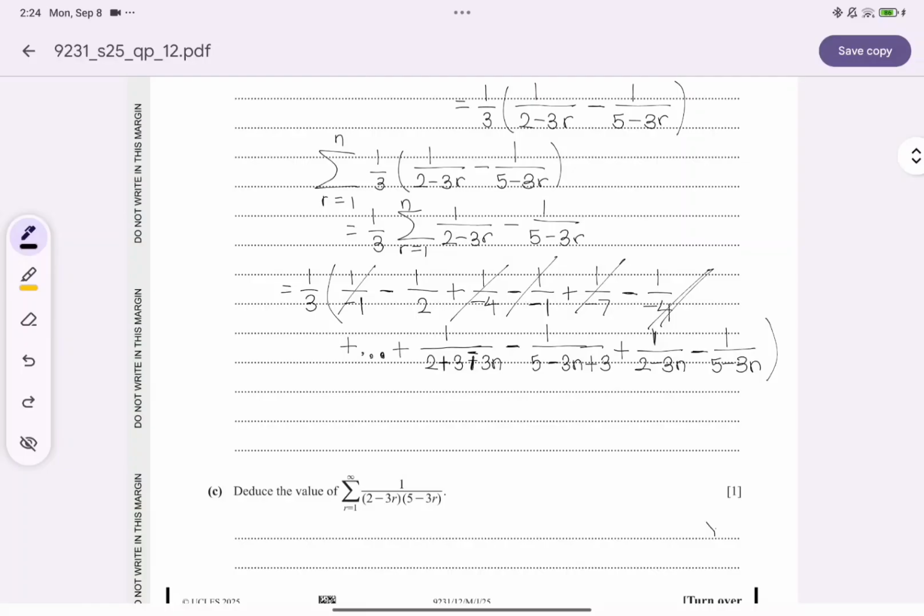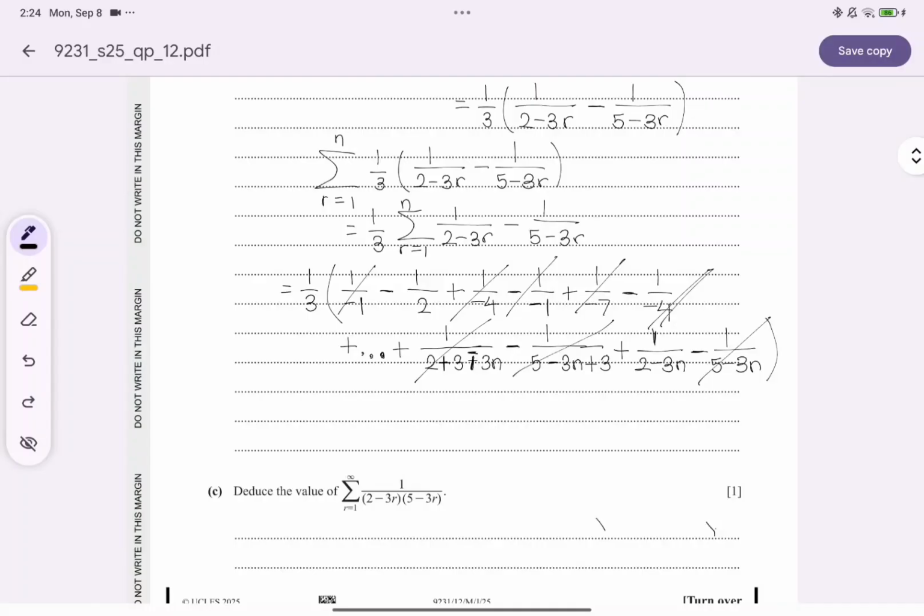Let's look at the first term, 1 over 2 plus 3 minus 3n, that's just 1 over 5 minus 3n, so we cancel this out. And since we'll get 1 over 5 plus 3 minus 3n, we'll also get that when we substitute r equals n minus 2 as the first term. This will also cancel out.